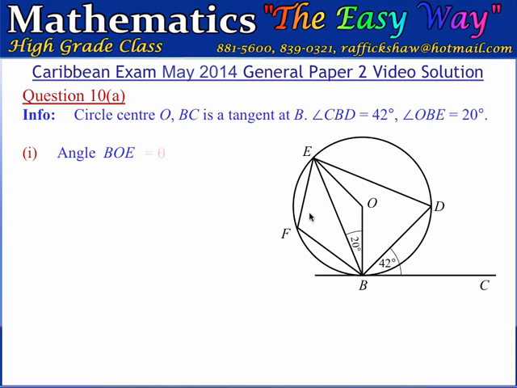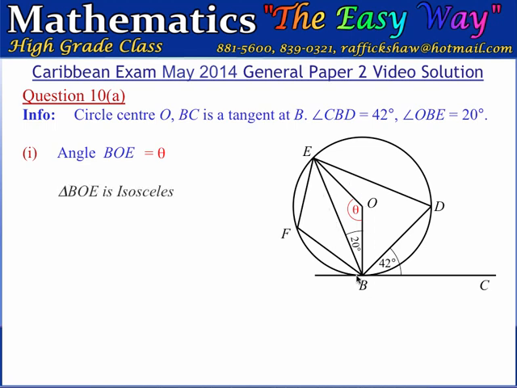Let's call that angle theta and mark that angle theta on the diagram. Now, this side is a radius and this side also is a radius because this is the center of the circle. Therefore, in this triangle these two sides are equal, and so this triangle is an isosceles triangle.